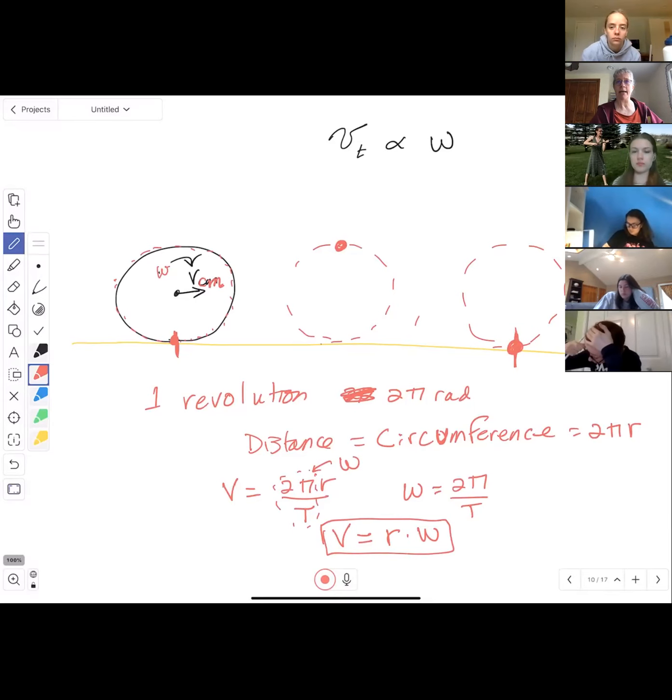Does that change anybody's minds about who wins the race? It seems like we're between one group saying they tie, another group saying that the heavier mass gets there faster because it has a bigger moment of inertia, right? I'm going to do my best to find the chat.